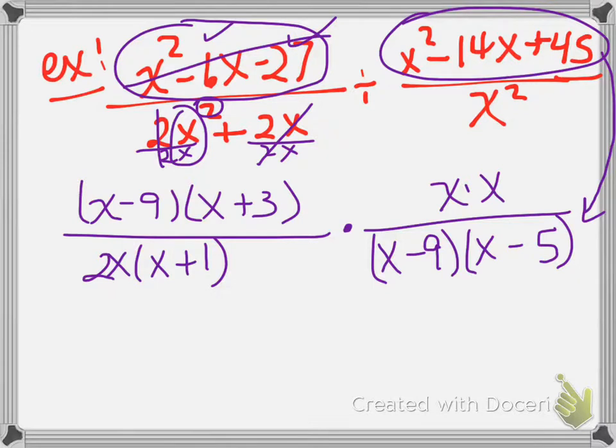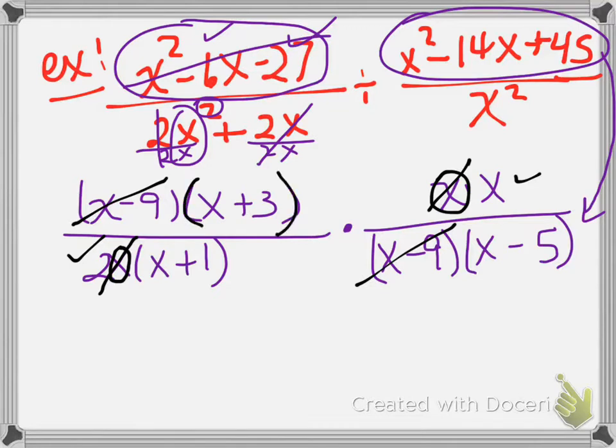Alright, now we got what we wanted, and we're going to see what's going to cancel. I have x minus 9 cancels with x minus 9. That's awesome. And then I also see that I can take this free x with one of these free x's and cancel that. Now I still have a 2 here, I still have a free x here.